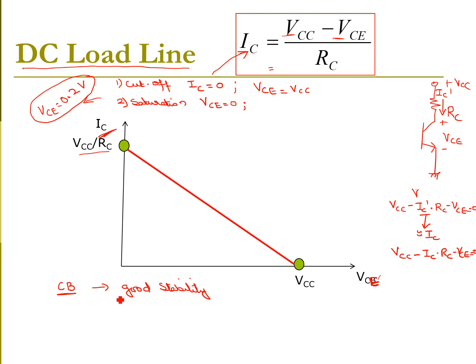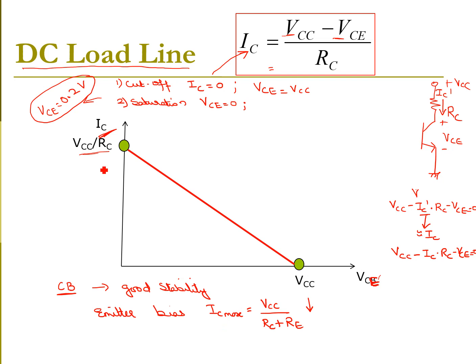But as compared to emitter bias, its saturation level is high. In emitter bias, IC max was equal to VCC upon RC plus RE. So it was lesser as compared to fixed bias. Therefore, we went for the other circuit, which is collector to base bias.